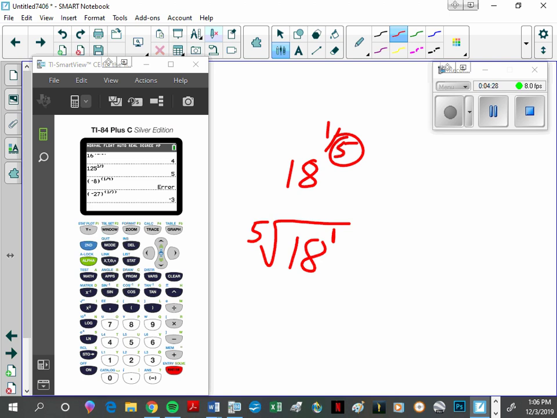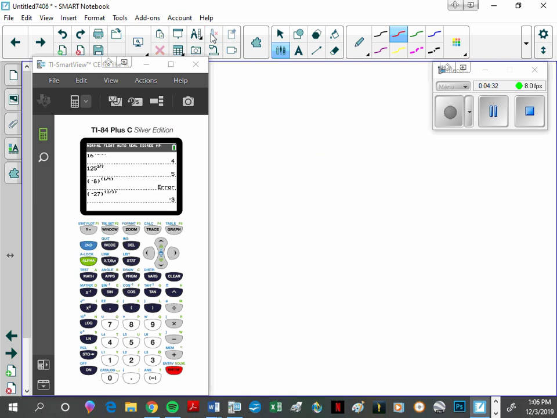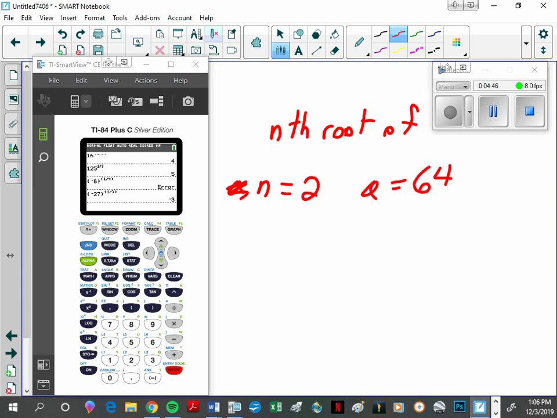So then it says, if I had, does it give you the equation? So it's asking for the nth root of a, and it says n equals 2 and a equals 64. What is the second root of 64?